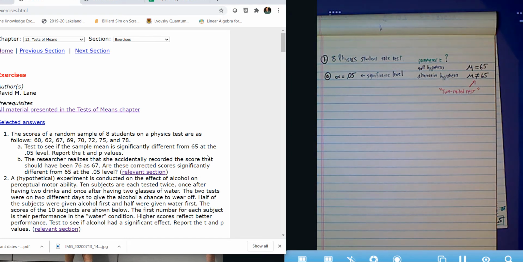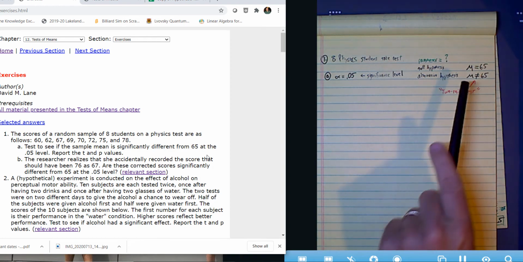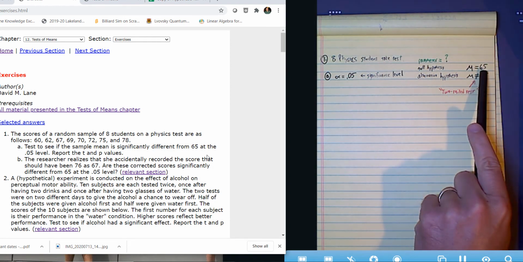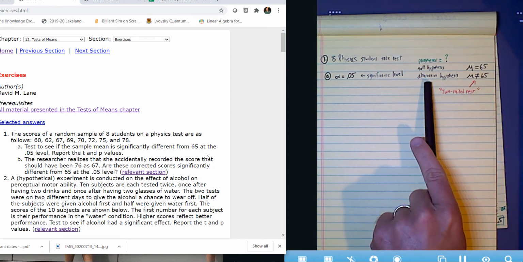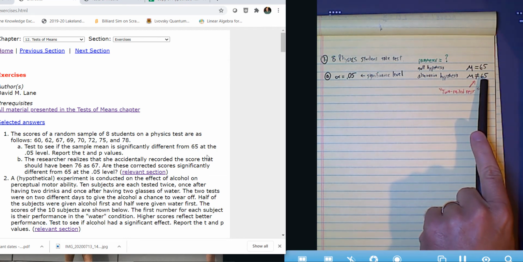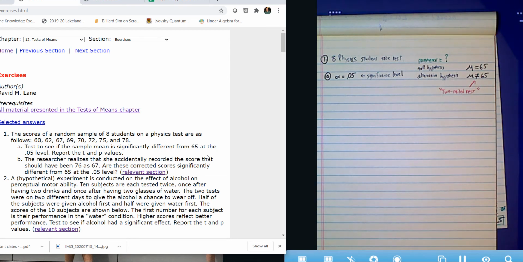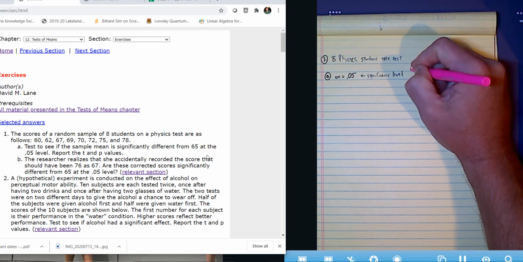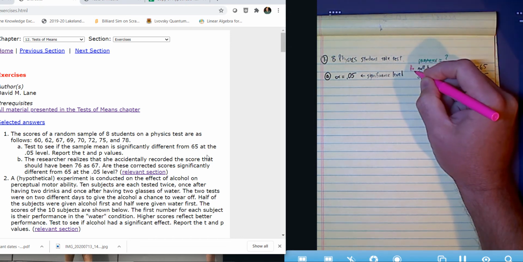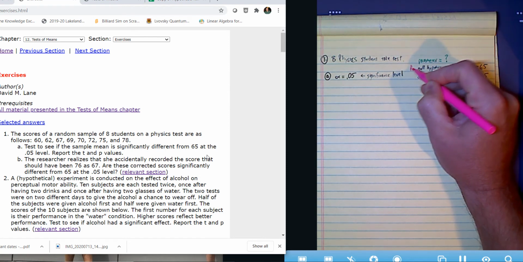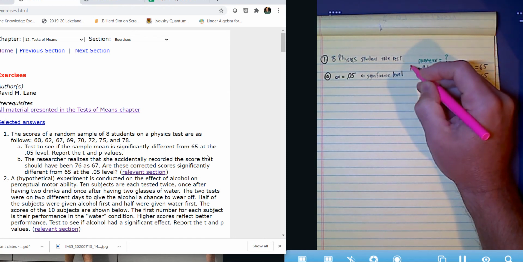Okay, so the question is, is it true that the mean equals 65, or is it possible that maybe the mean does not equal 65? Oh, a little bit more terminology. Sometimes the null hypothesis, we write H0. The German name for 0 is null, or naught.